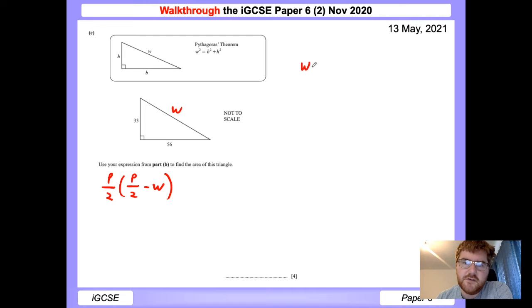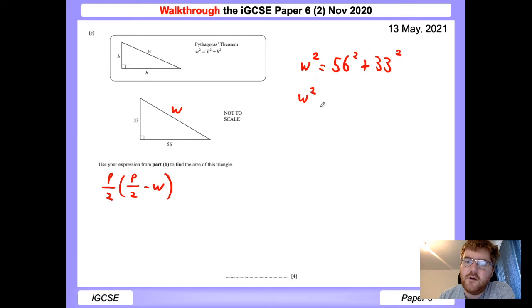So W squared, just copying this formula, equals B squared, which is this number squared, 56 squared, plus h squared, which is this number squared. So 33 squared.